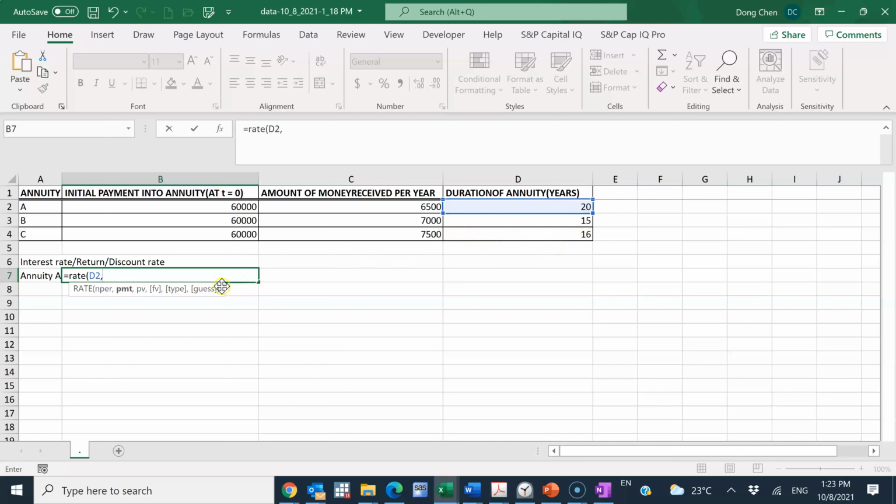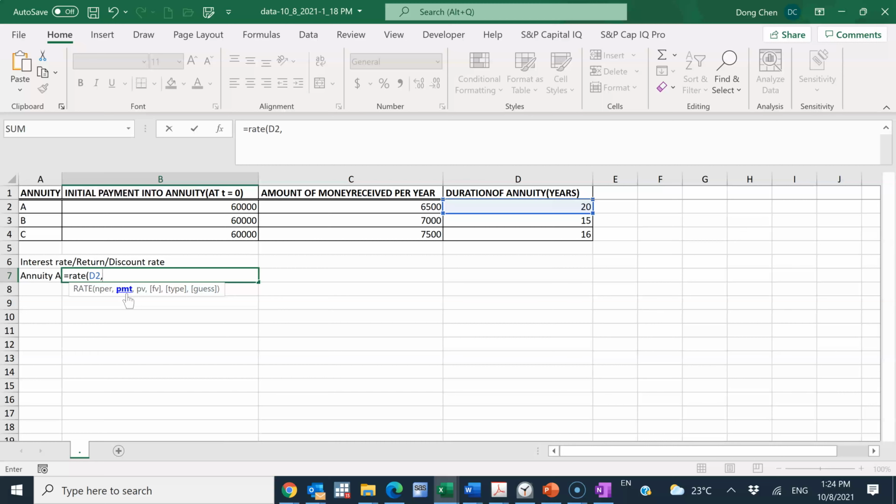And going forward, the second argument here is PMT. This refers to the payment. And then let's continue. The third one is the present value. PV is the present value. The rule of Excel and also the financial calculators is that we need to keep these two streams of cash flows to be of opposite signs.